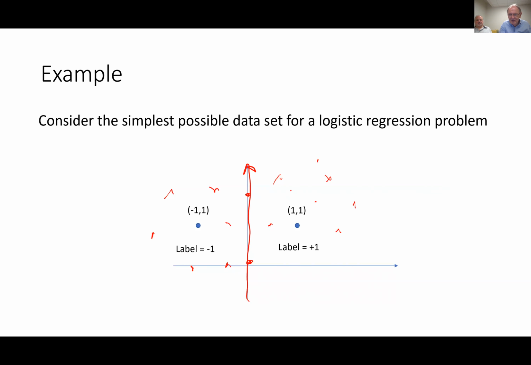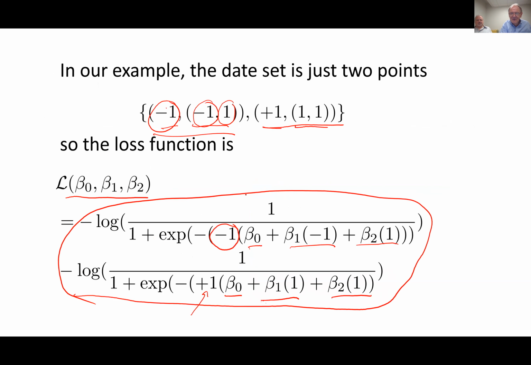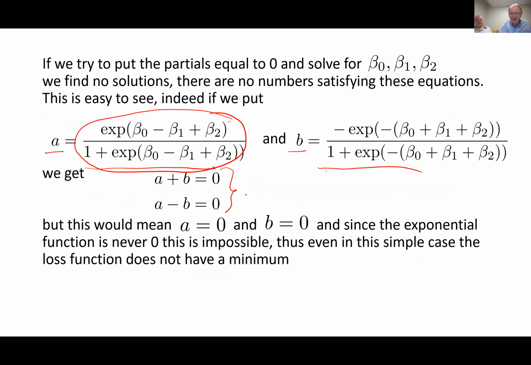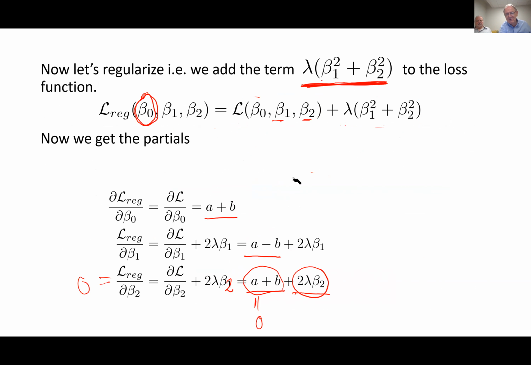You can change the degree of regularization by changing this parameter lambda, right? So we put in this parameter lambda, which determines the amount of regularization that we put in.